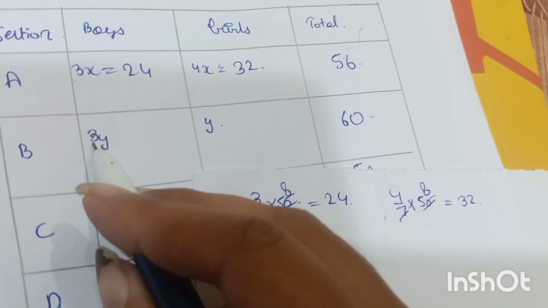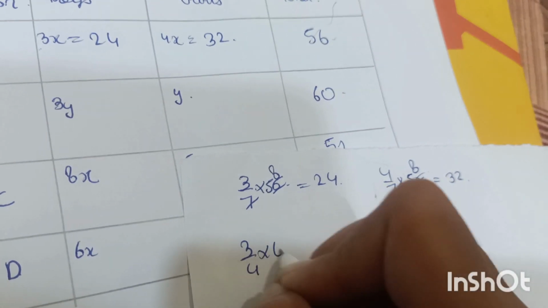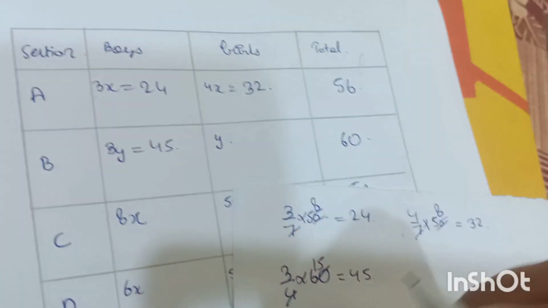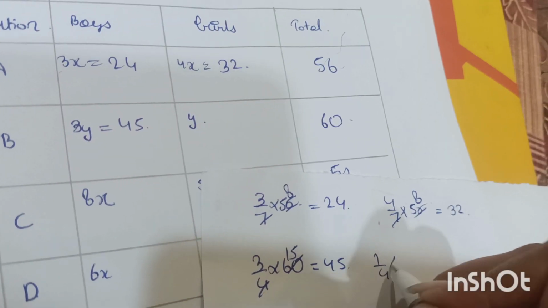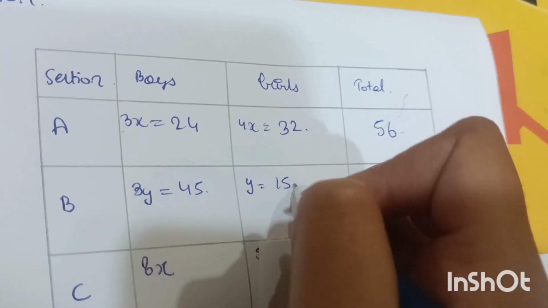Now for this, 3 plus 1 is 4, so you will take 3 upon 4 into 60. You'll get the value as 45. And 1 upon 4 into 60 is 15.